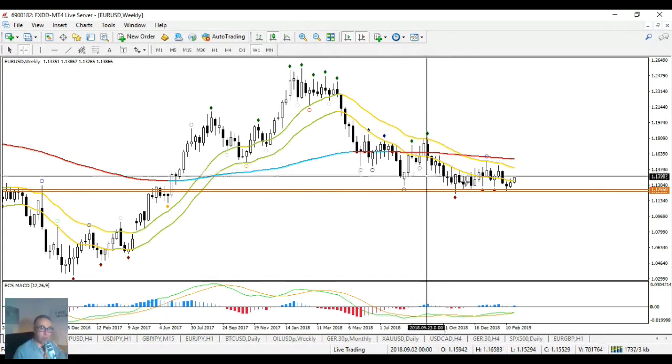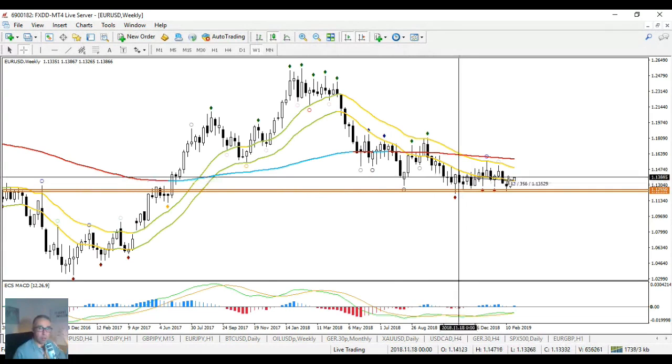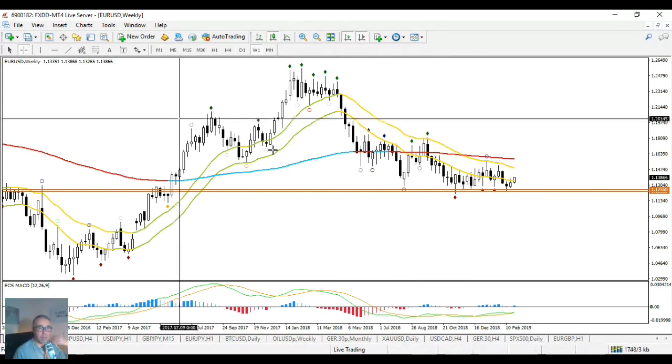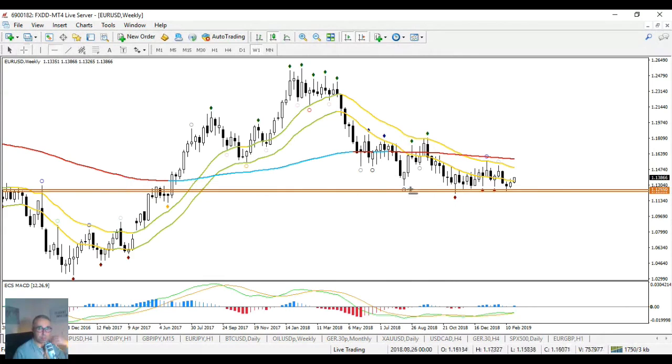And is that correction finished? In my view, probably not yet. I'm expecting some bigger bullish corrections. So from this perspective, you see price is at support as well. Unless there are some clear bearish candles that would break through this 112.50 support zone on a daily chart, maybe even a weekly chart, there is a fairly good chance of a bounce.